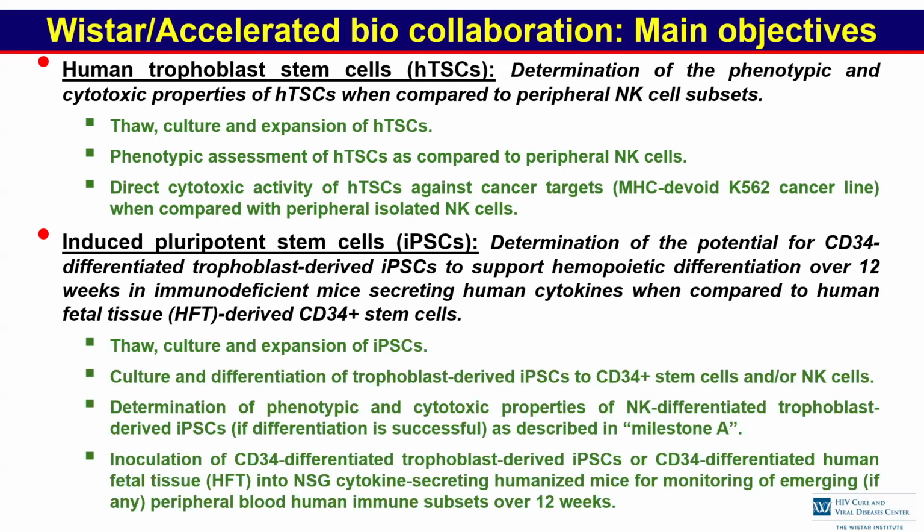So here we again were asked to thaw, culture, and expand iPSCs, and also to culture them and differentiate them to CD34 stem cells and/or NK cells, and then determine in a similar fashion as we have here the phenotypic and cytotoxic properties of these NK differentiated cells, and also see if we give those differentiated cells to immunodeficient mice that are able to secrete cytokines, if that could induce production of different hematopoietic cells.